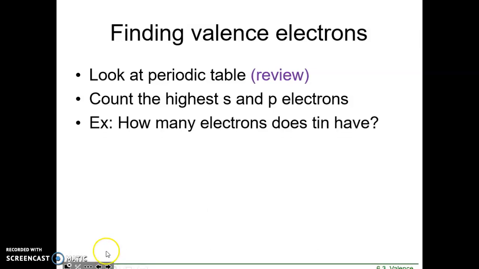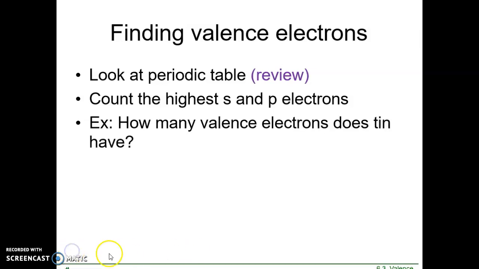So, how many valence electrons does tin have? And if you said 4, you would be correct. One way of looking at this is knowing it's in group 14, so that means it has 4 valence electrons.